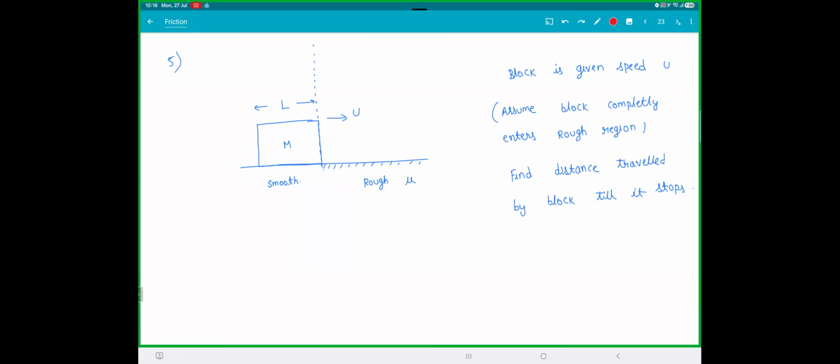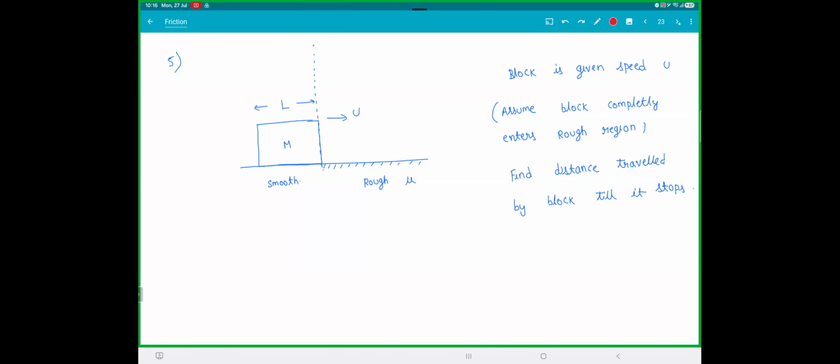F is less than or equal to mu mg, and direction. So u by 2 mu g. But after that, do you think it'll come to rest once it enters? It will still have some speed, right? After entering the rough region, it is still going forward.